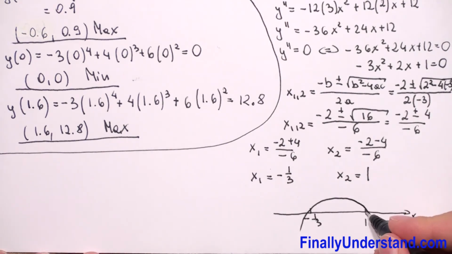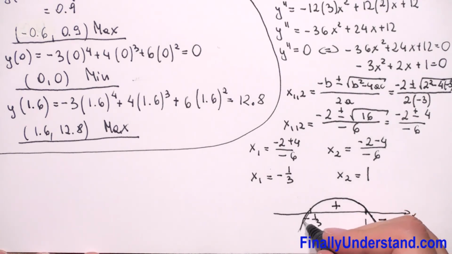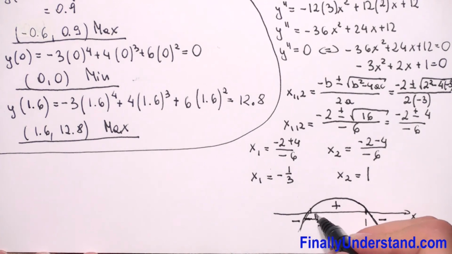And we see when we pass 1, we change sign from negative values to positive, because this part is under the x-axis, so it has negative values. This part is above, so it has positive values, and this part is under the x-axis, so it has negative values. So at 1, we change from negative to positive. So it means for x equals 1, we have an inflection point, and for x equals negative 1/3, we change from positive values to negative values. So we have an inflection point for x equals negative 1/3.